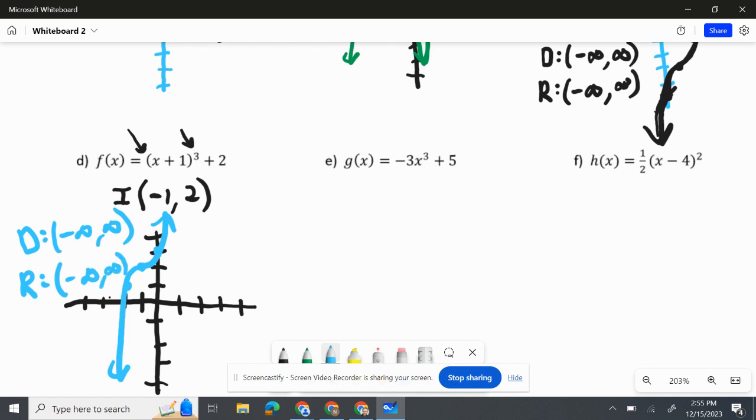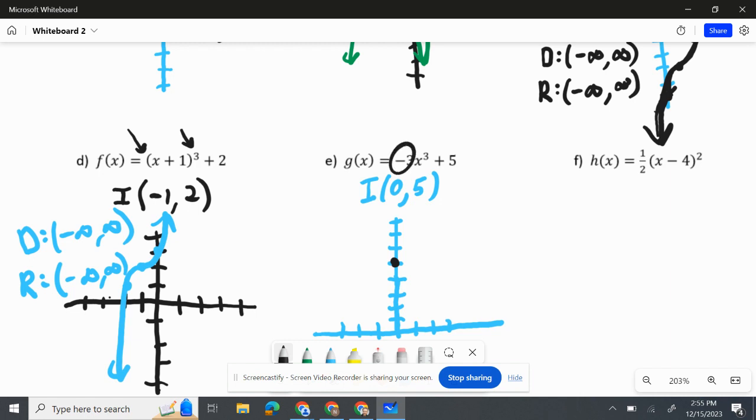Now for letter E, this one's a little tricky because we don't see an opposite inside. We don't even see an inside, so that tells us that it's 0. So we have 0, 5. When I graph this, I'm going to make my x-axis go a little bit lower so I can fit it all in, because I'm going to have to go down 3. I plot the 0, 5: 1, 2, 3, 4, 5.